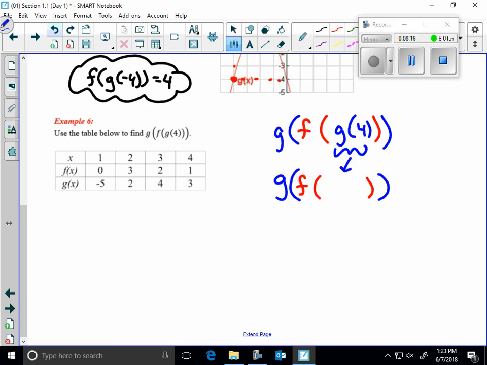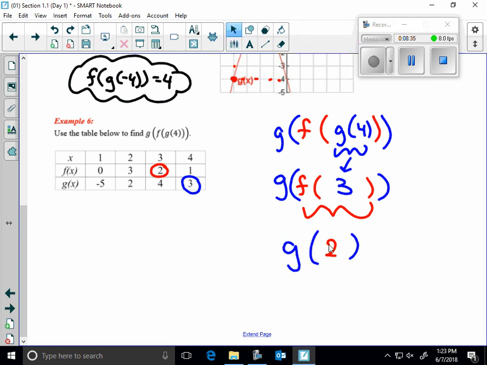What is g of 4? Looking at the table, g of 4 is 3. Okay, what is f of 3? F of 3 is 2. What is g of 2? G of 2 is 2. So g of f of g of 4 equals 2. That's it for day number 1 of 1.1.